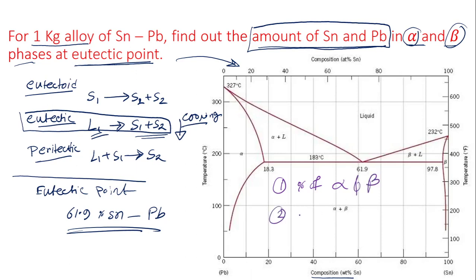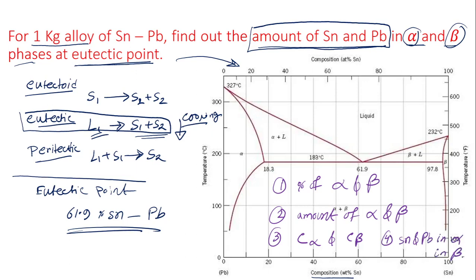Then in second stage find out the amount of alpha and beta, because we have to find the total amount. Then find out the composition of alpha and composition of beta. Then in the fourth step you can find out the amount of Sn and Pb in alpha and in beta. So these are the steps you have to follow.